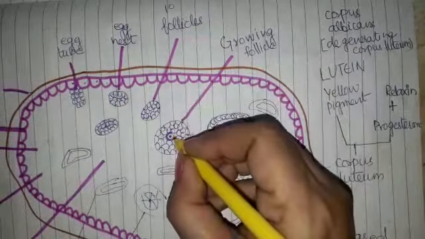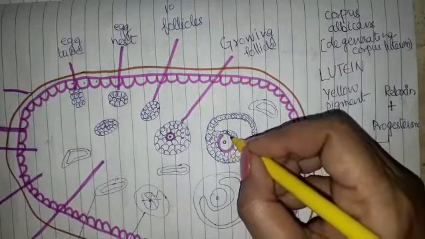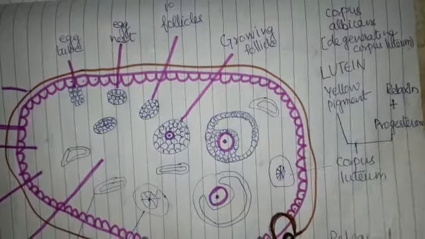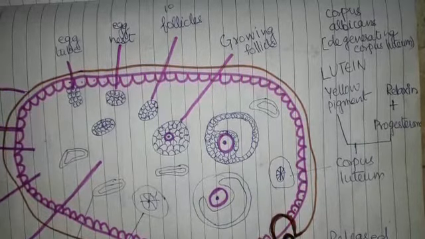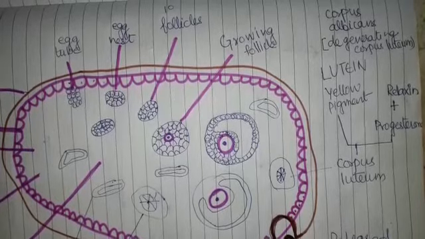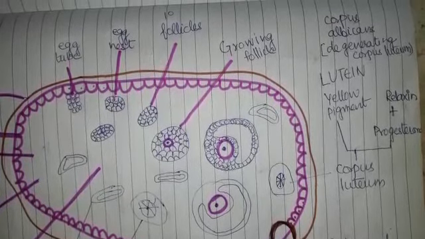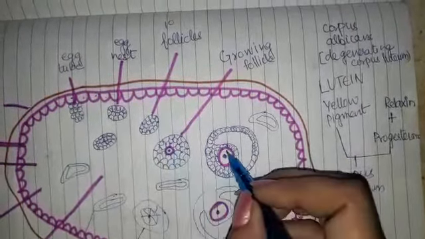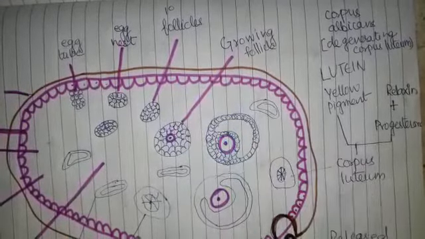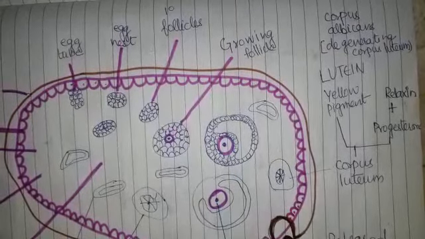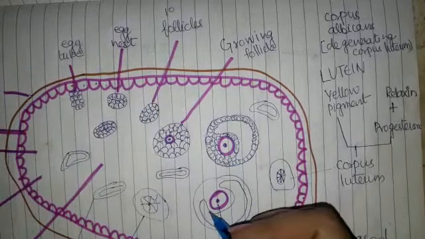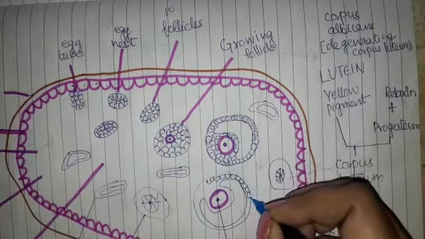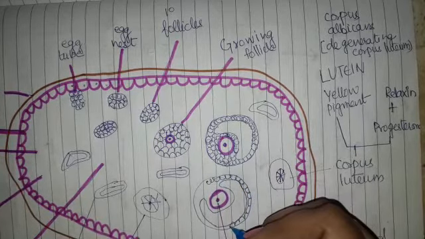Each ovarian follicle consists of a central egg cell, which is surrounded by many layers of Graafian cells. This is the egg and there are various cells around it which are called the Graafian cells or the follicular cells.